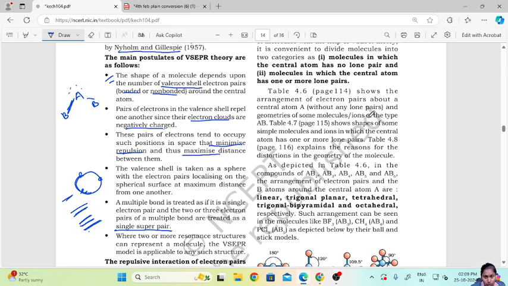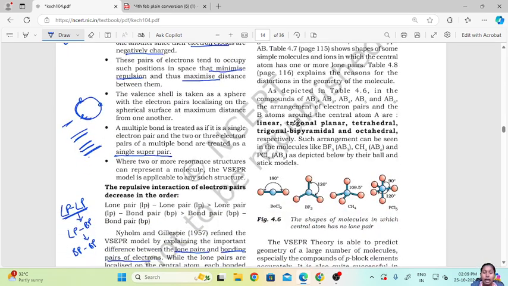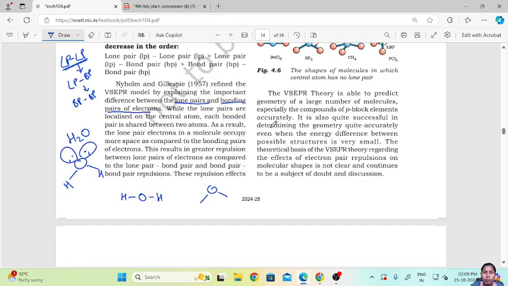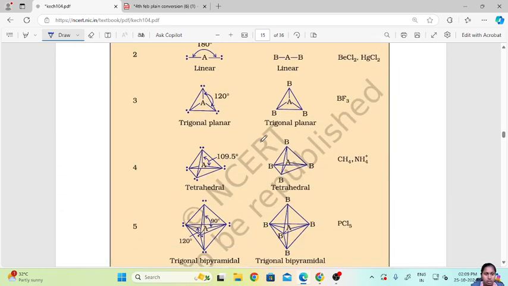Both the ones with lone pairs and the ones without lone pairs are given here, as depicted in the compounds of AB2, AB3, AB4, AB5 and AB6. The B atoms around the central atom A are arranged linear, trigonal planar, tetrahedral, trigonal bipyramidal and octahedral respectively.